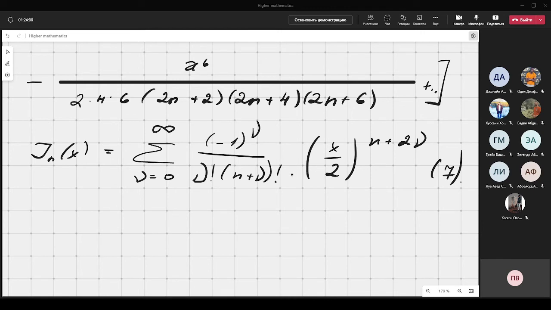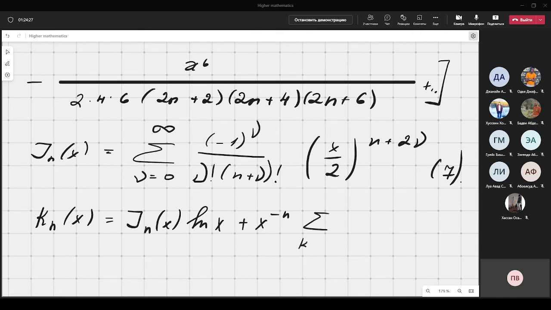It may be shown that the second particular solution in this case should be sought in the form K_n of x equals J_n of x times natural logarithm of x, plus x to the power of minus n times the sum over k from 0 to infinity of b_k times x to the power of k.